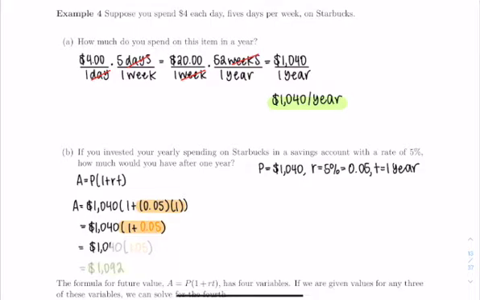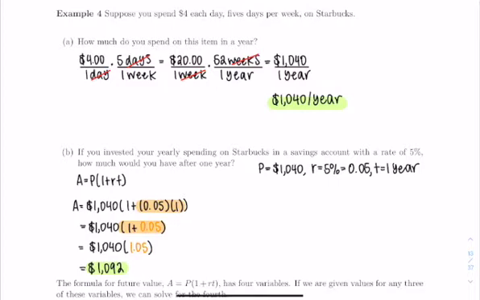We get 1,040 times 1.05. And so when I multiply this out, I end up with $1,092. So that's how much the account would be worth if I took my yearly spending and invested it at a savings account with a rate of 5%.